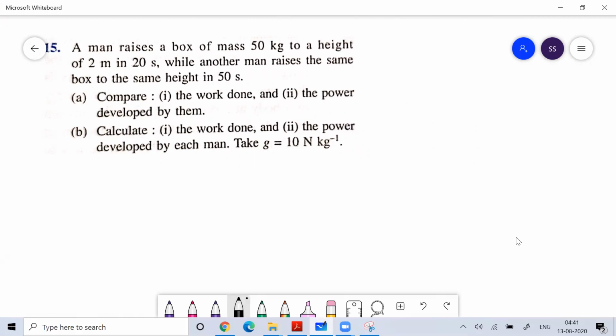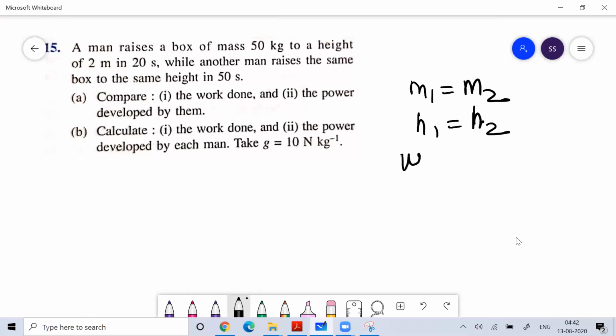Compare the work done. The mass of the other man is not given, so assuming both men have the same mass, m1 equal to m2. Both have the same g, and the same height, H1 equal to H2.